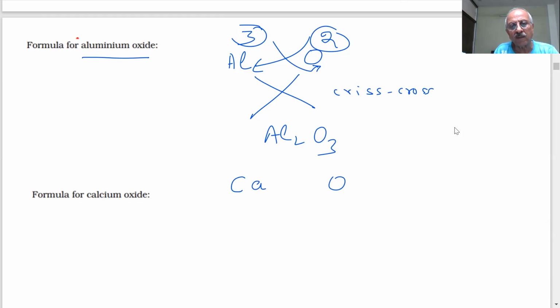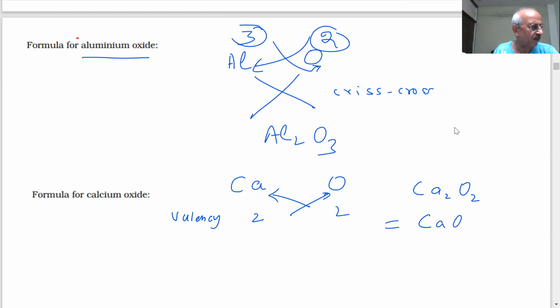What is the valency of calcium? 2. What is the valency of oxygen? 2. Then 2 will go with this and 2 will go with this. What will it become? Ca2O2. And you can simplify it by dividing by 2. What is the simplest form? CaO. Is it clear? Yes, sir. Divide by 2. The formula becomes CaO. Is it clear how I am writing? The trick is known. Crisscross method.